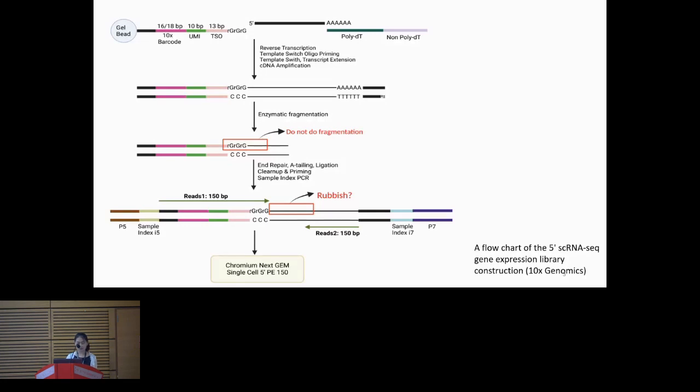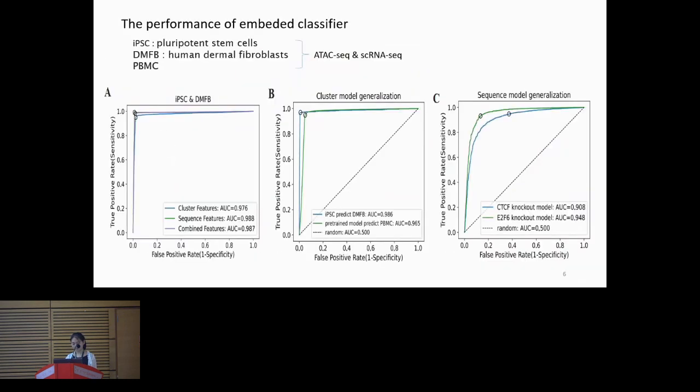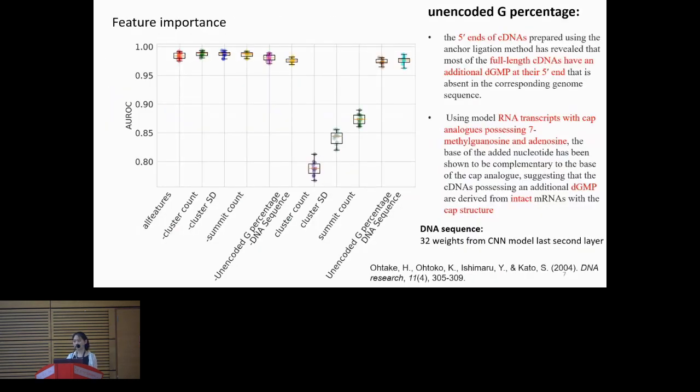the 5' process, and the intact RNA always has the cap at the initial location, and the cap is m7G, and so we calculate the percentage of this unencoded G. If the RNA is intact, then it may include this dGMP, and then we calculate the percentage.